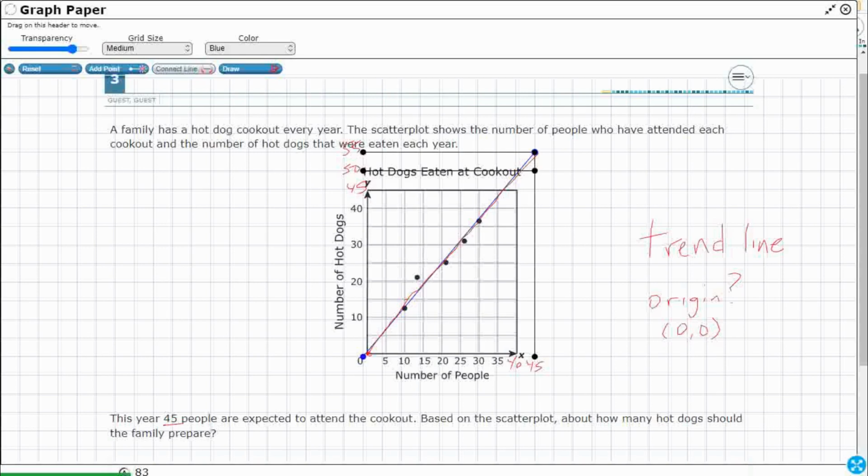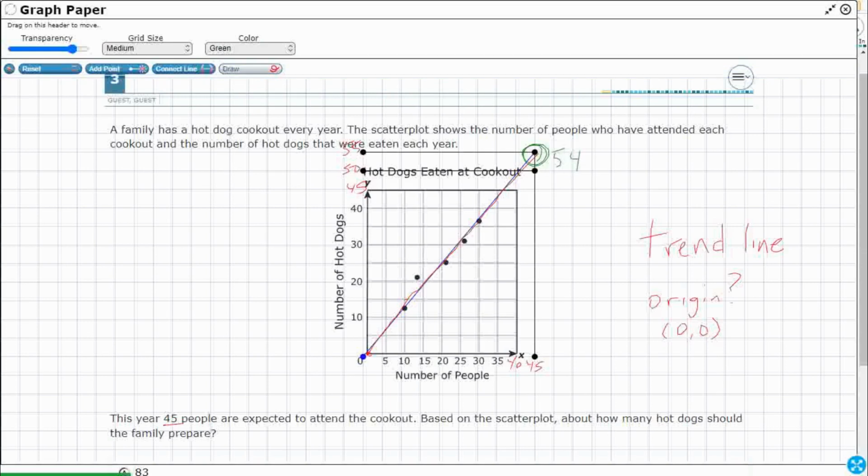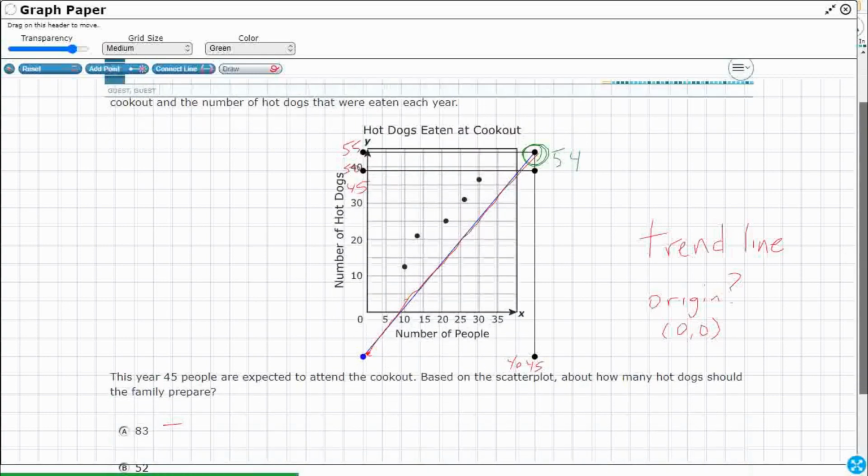But either way, it looks like my trend line is going to be somewhere up here around 50. At 45 people, I'm going to call it 54, maybe. It was just a hair underneath that 55. So we'll look down here.